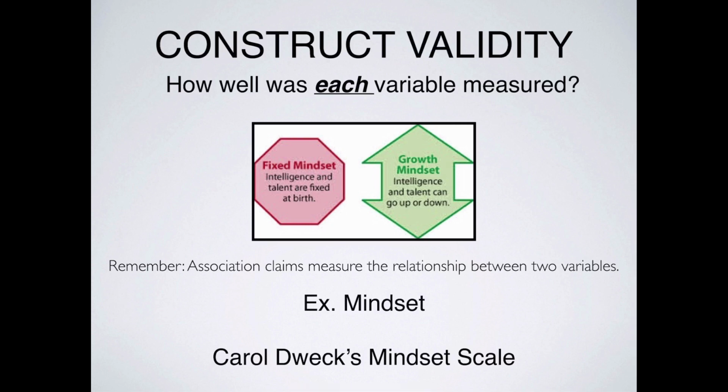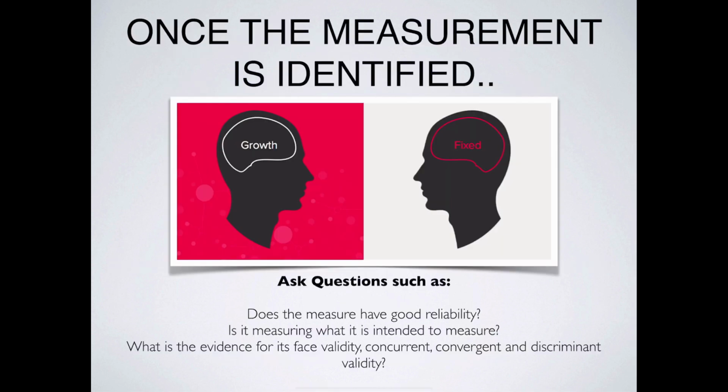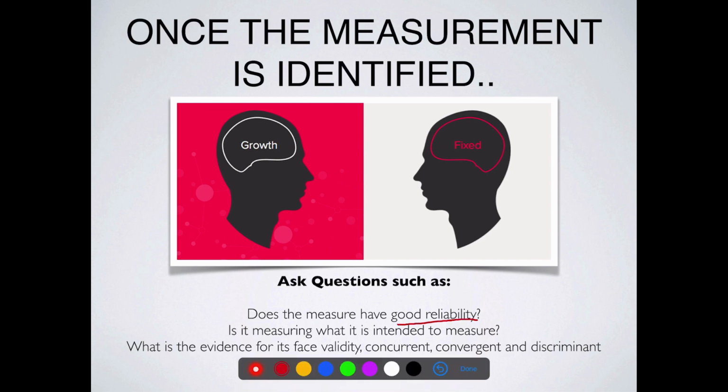But if I'm evaluating the construct validity, I'm asking exactly that. How did they measure? Are they actually measuring what they said they measured? Here are some things to ask. Well, do they have good reliability? Right? Can I implement this measurement, and will a person who showed up as having a growth mindset in the first measure repeatedly show as a person with growth mindset?